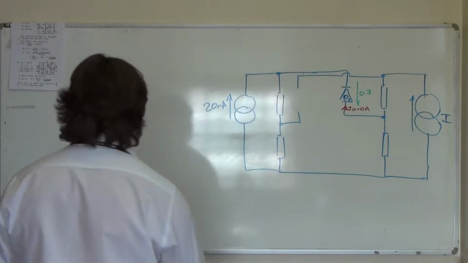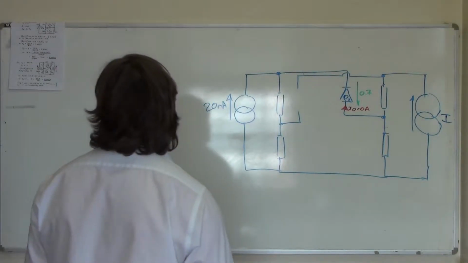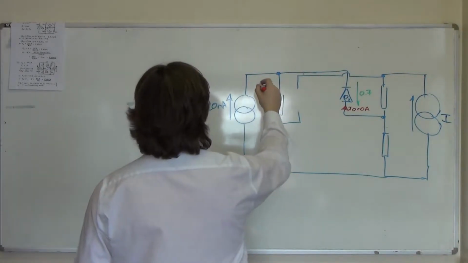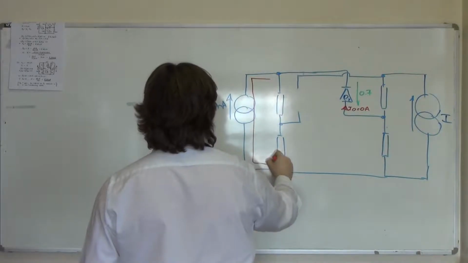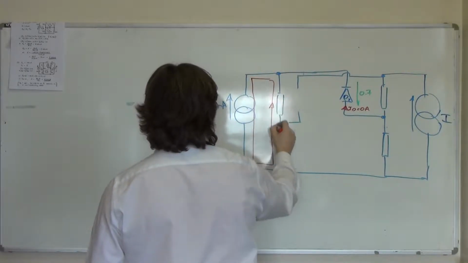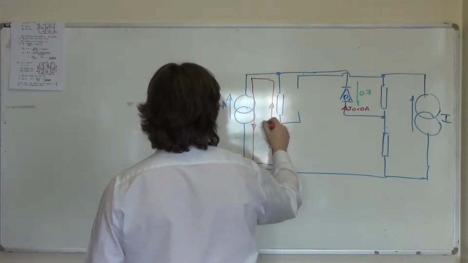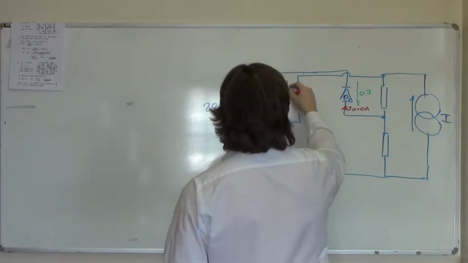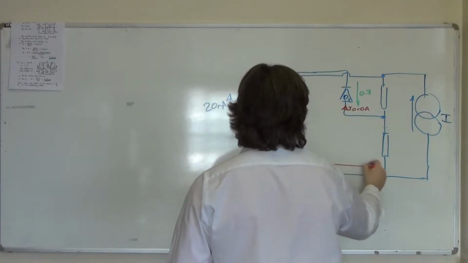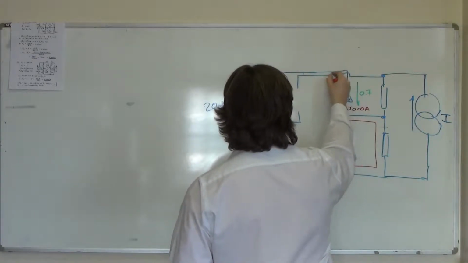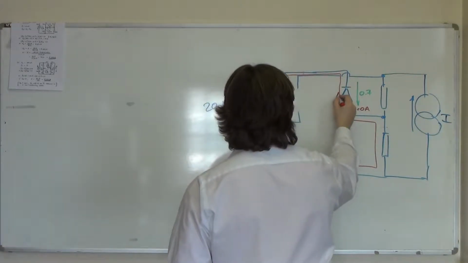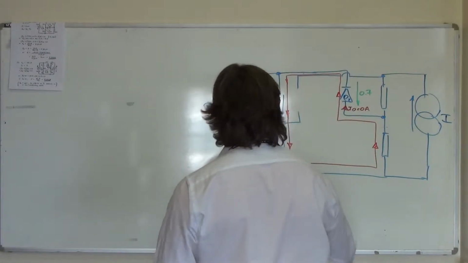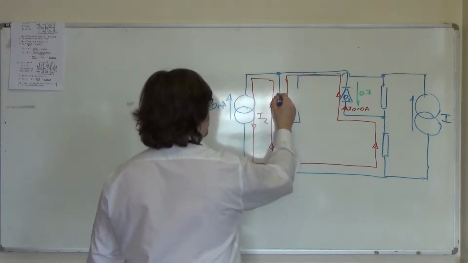And we can use loop analysis, and we'll develop 3 loops, and these loops will be I2, ID, just make that resistor look a bit better.